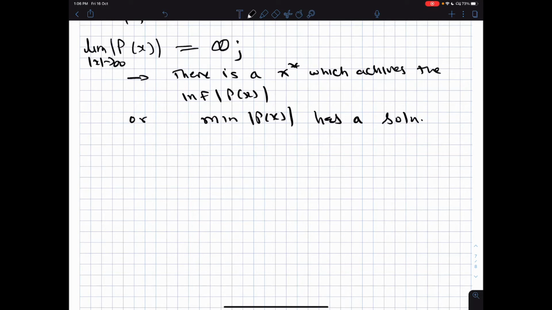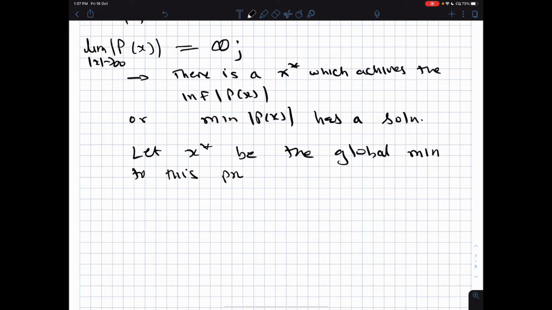And since we have used Weierstrass theorem, we are immediately able to say that there is a global minimum to it. So what we are saying is, let x star be the global minimum to this problem.